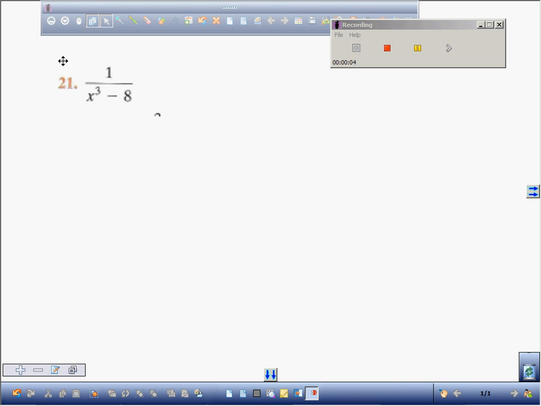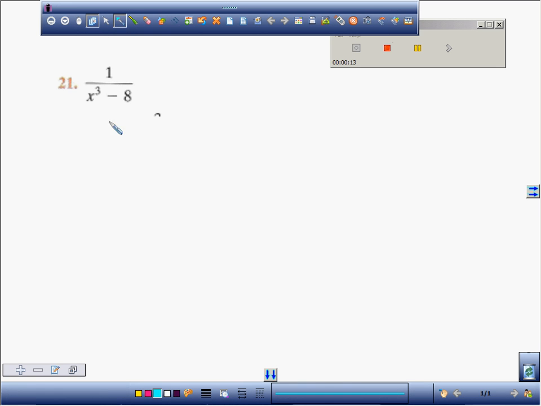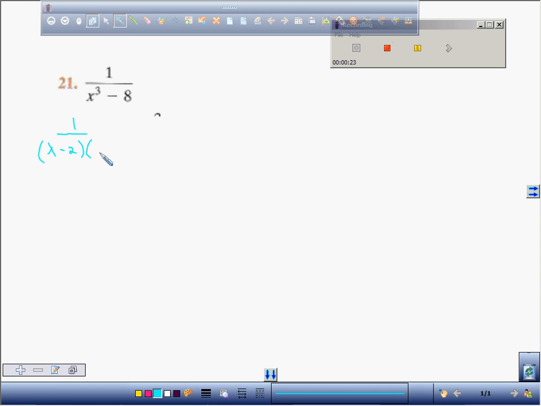So this one, 21, what you have to do is realize that this denominator factors, okay? And that factors to 1 over x minus 2 times x squared plus 2x plus 4.